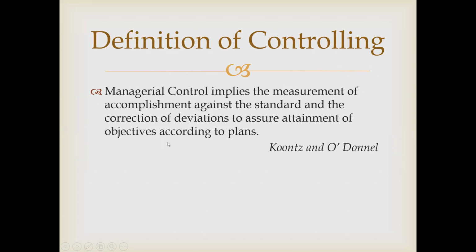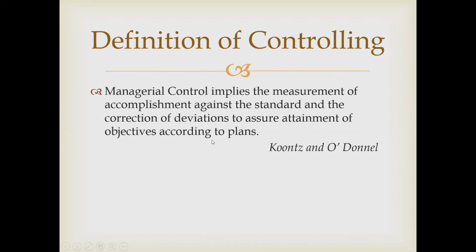Again, I'll repeat myself. This is the definition of controlling given by Koontz and O'Donnell. Managerial control implies the measurement of accomplishments against the standard and the correction of deviations to assure attainment of objectives according to plan. Now let us understand this definition.